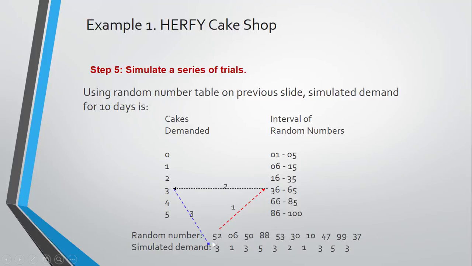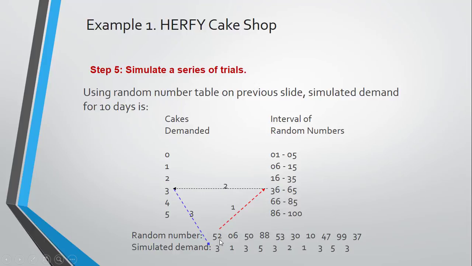When the generated number is 52, you go to the interval. 52 is between 36 and 65, and that corresponds to 3 cakes sold. So they put 3 here.